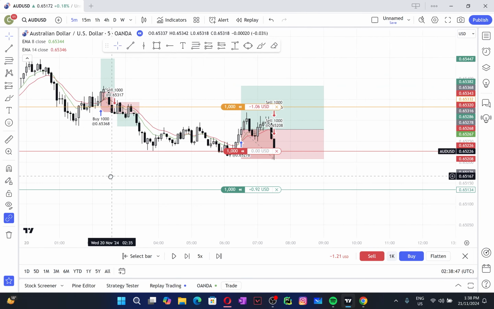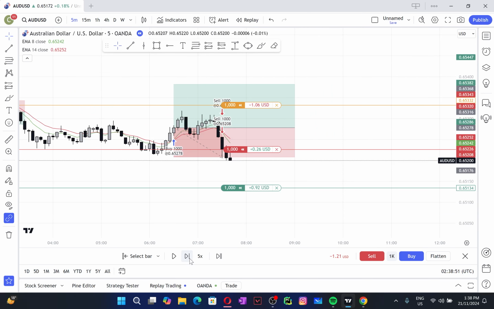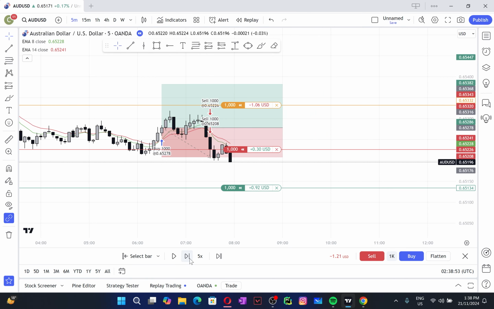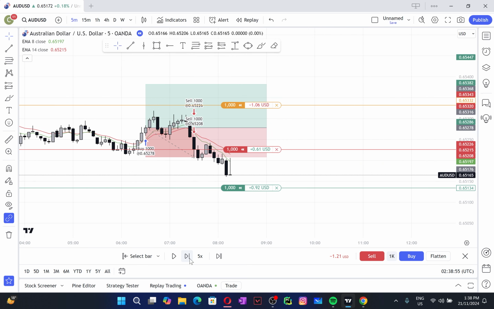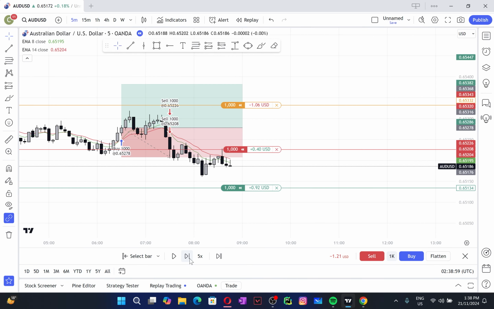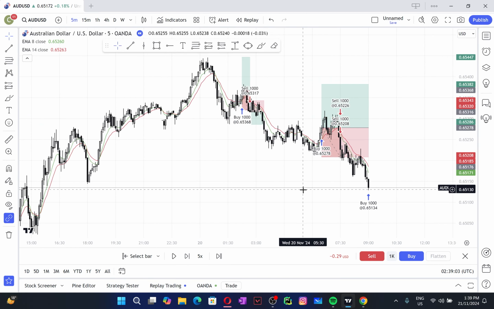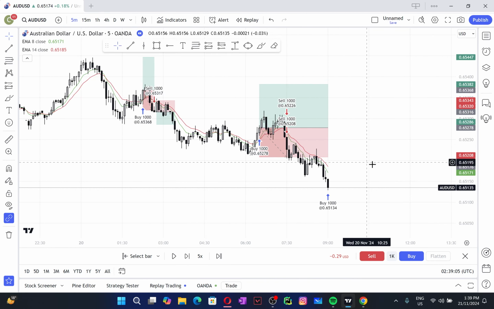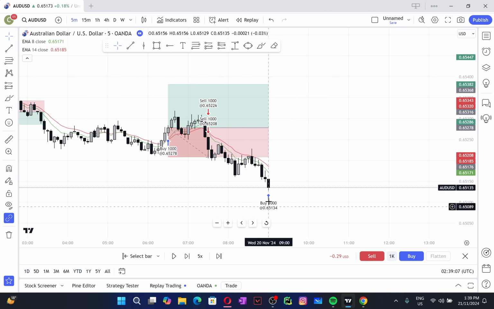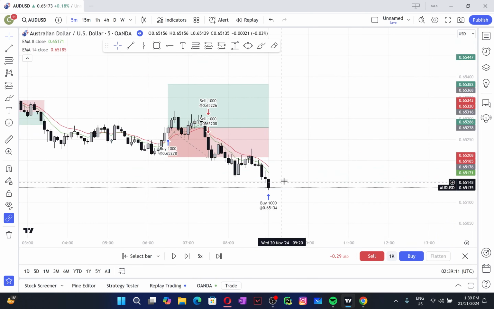So again, this is not a good trade, but we're still learning, so let's just see what would happen if we would be successful or not. Yep, so you see our stop loss hasn't been triggered. Our counter trade did work, and at the end you had a profit around here. So overall, that was good.